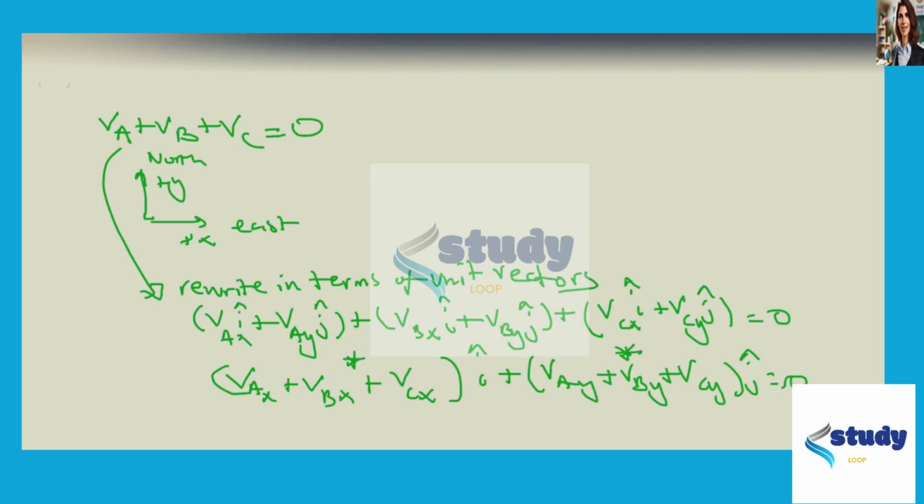So we say Vax plus Vbx plus Vcx equals 0. And we do the same thing here: Vay plus Vby plus Vcy equals 0.